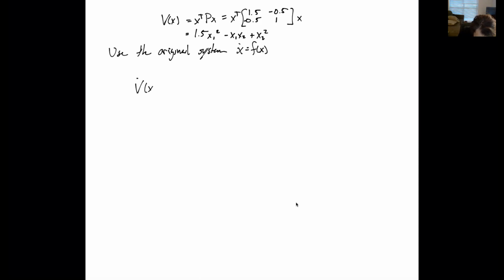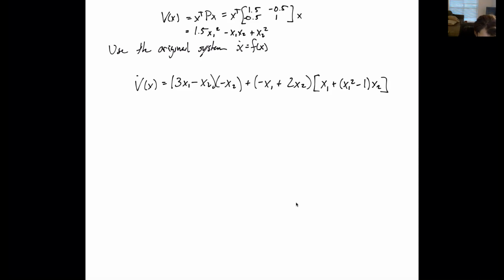We get that v dot of x is going to be equal to 3x1 minus x2 times minus x2 plus minus x1 times x1 plus x1 squared minus 1 times x2, like that.